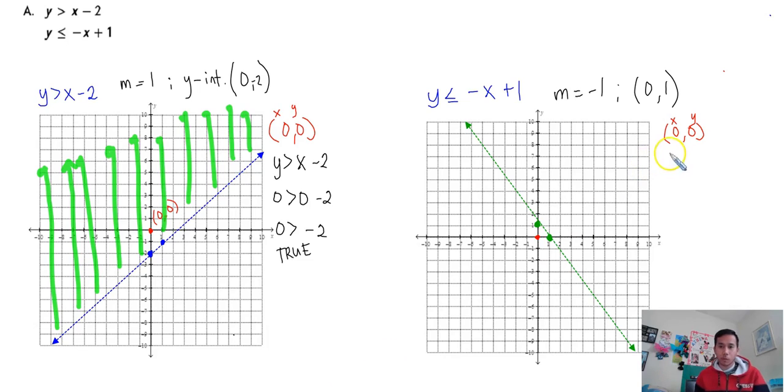So what I'm going to do here is get my inequality here. So y is less than or equal to negative x plus 1. So y is 0, less than or equal to negative 0 plus 1. Is 0 less than or equal to 1? 0 is less than or equal to 1.